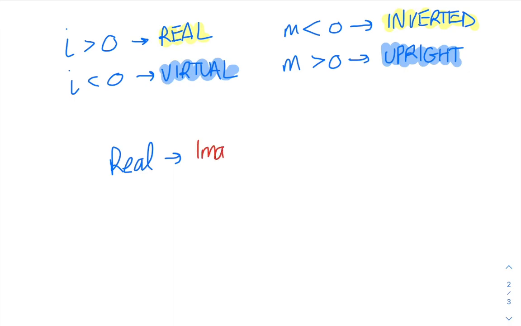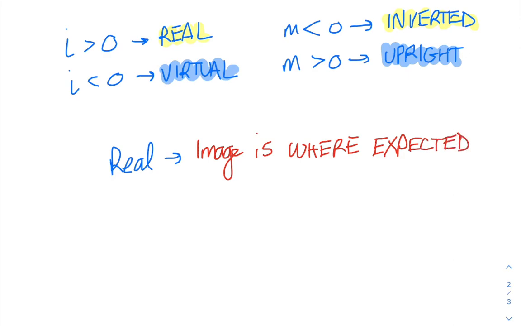A virtual image is, I like to say, where it's not expected. So let's talk about a mirror versus a lens. You can think of something as simple as a plain mirror in your bathroom, or a contact lens, any sort of mirror or lens.